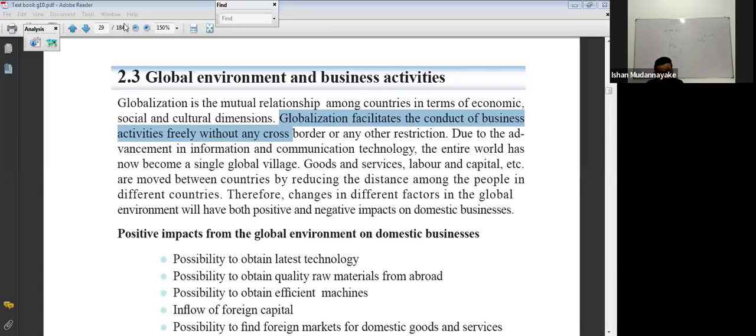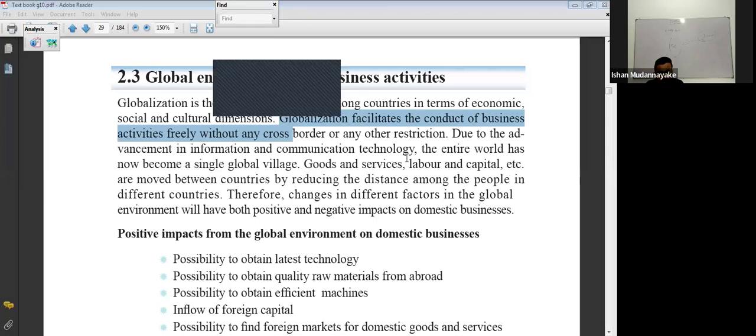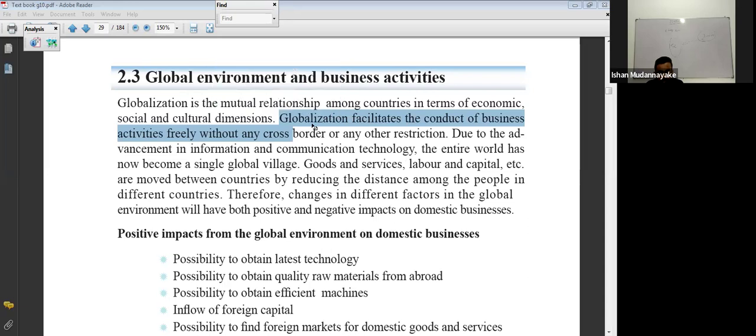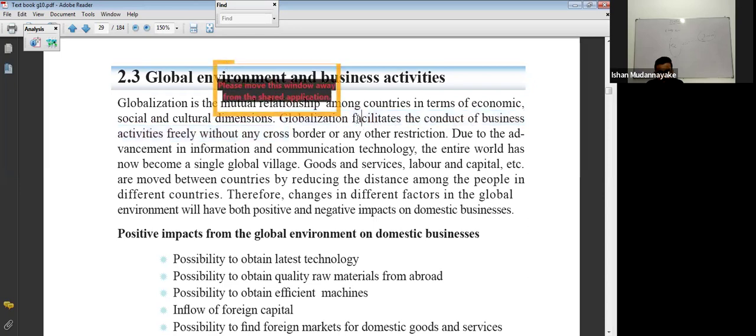Read this note, Chamatkar. Globalization facilitates the conduct of business activities freely without any cross-border or any other restriction.